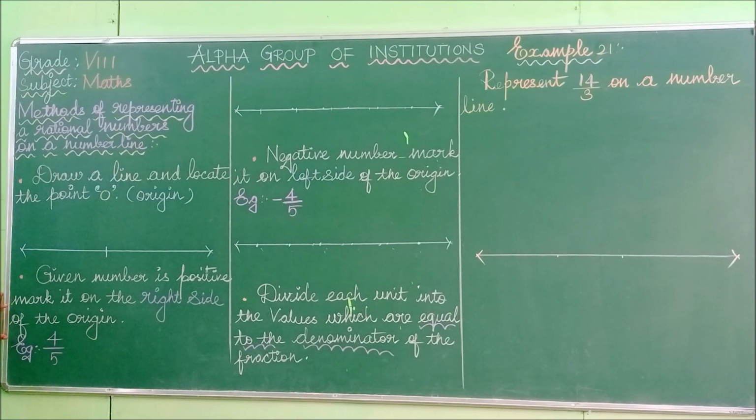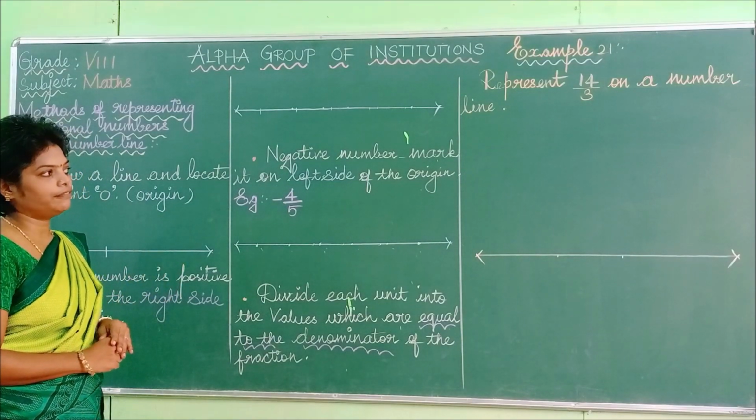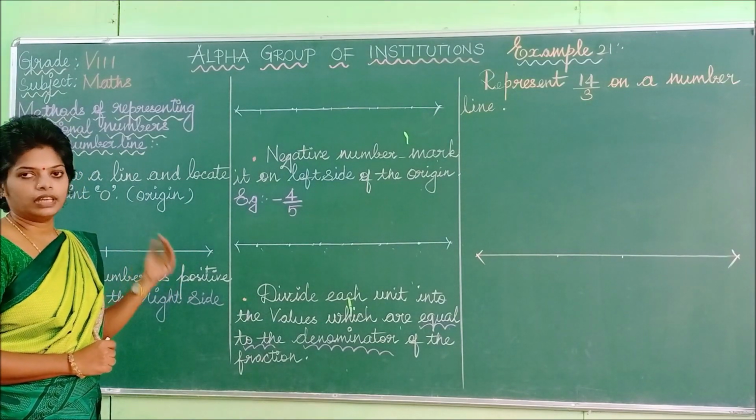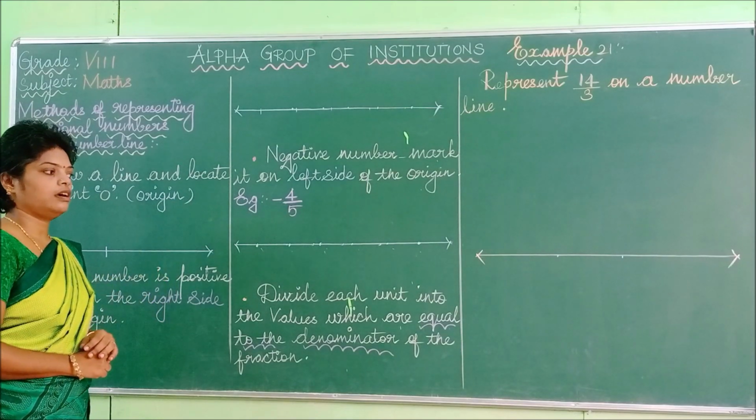We already saw that in the previous topic. If the given number is positive, mark it on the right side of the origin. This is our step 2. And what is step 3? For a negative number, mark it on the left side of the origin. So if our given number is negative, we mark it on the left-hand side of the origin.